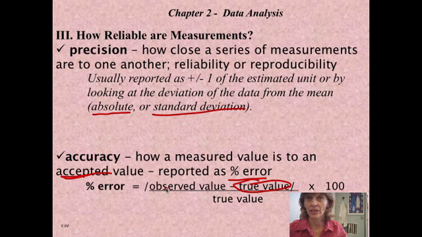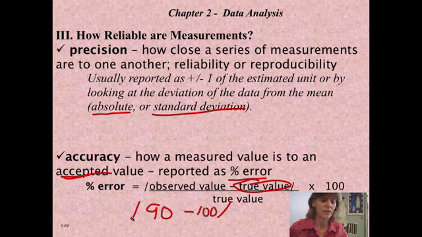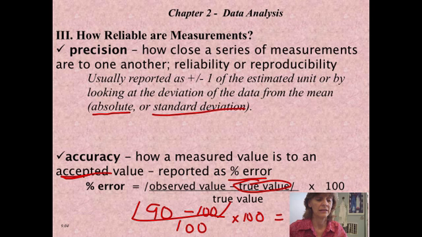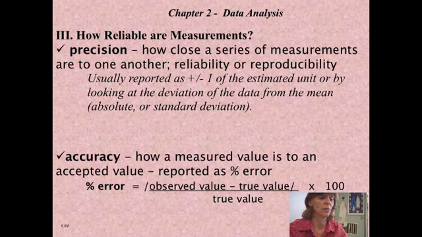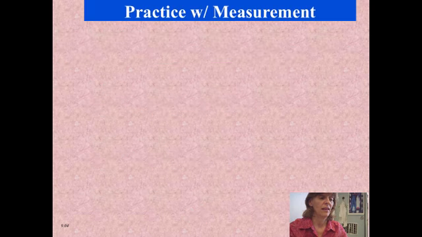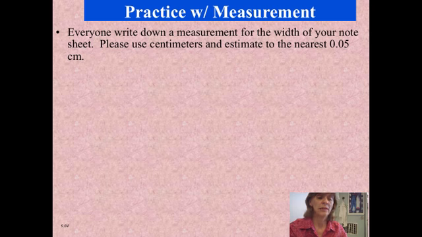So if your test standard is 100%, and you got 90 out of 100, you've got an observed value of 90, the true value is 100, divided by 100 times 100, there's a lot of hundreds there. Then you would have 10 out of 100, which is 10% error, which is 90% correct, so that's pretty good work.